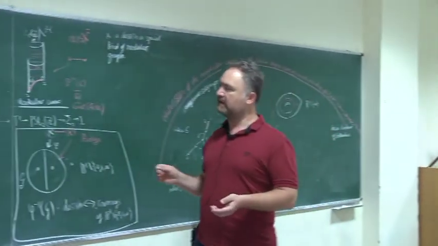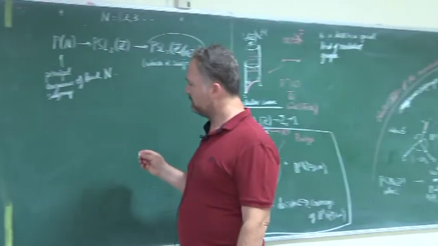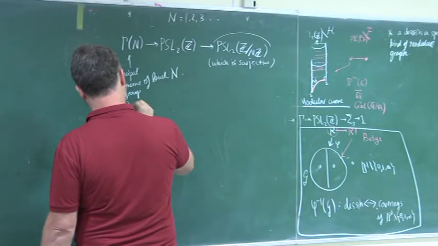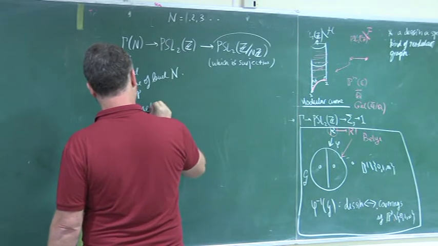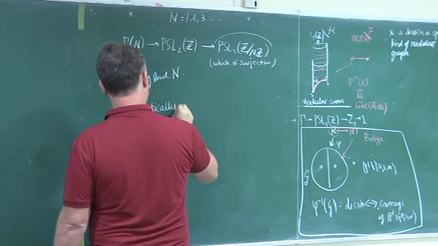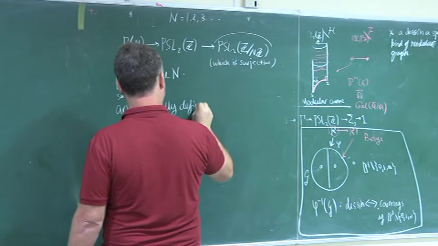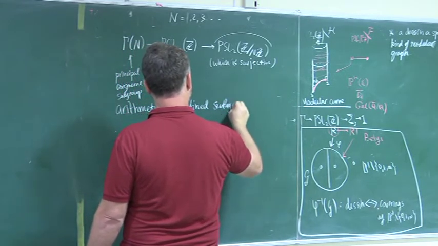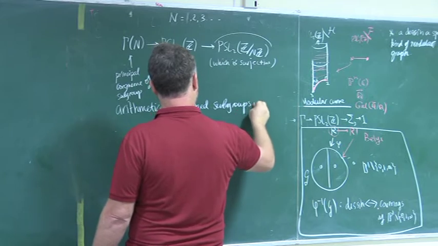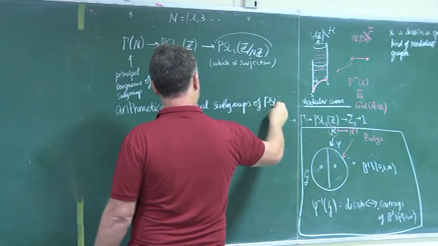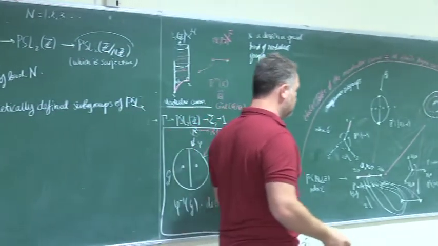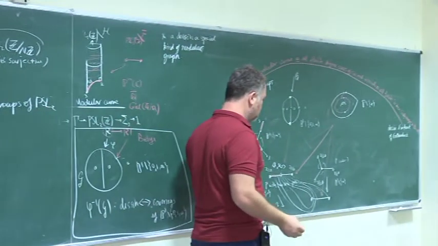So these are arithmetically defined subgroups of PSL2Z, which can also, of course, at the same time, be combinatorially defined.